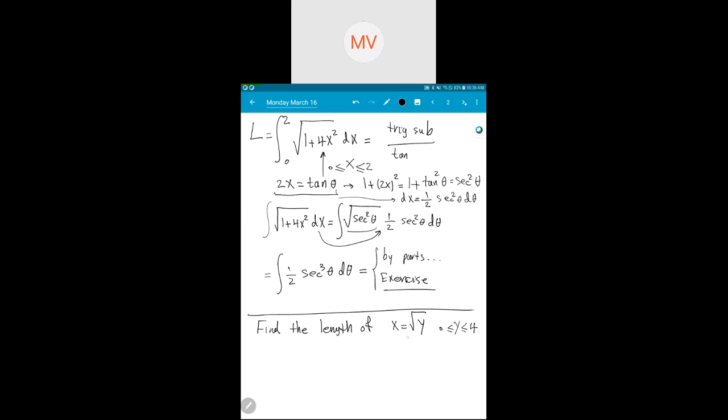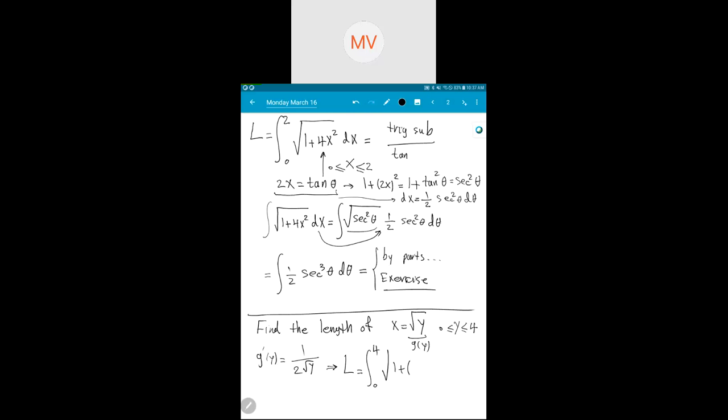So as you can see, this one is a function of y, right? So for that reason, we go ahead and take the derivative of that. In fact, this is our g of y. So g prime of y, what's the derivative of root y? It is 1 over 2 root y, right? And then the length formula becomes the integration from 0 to 4. Now let me write down the formula.